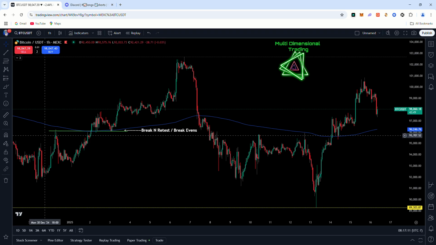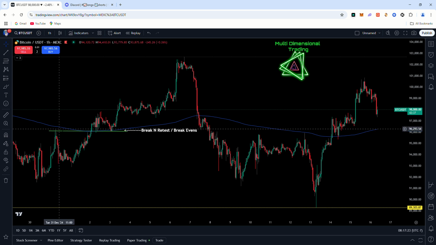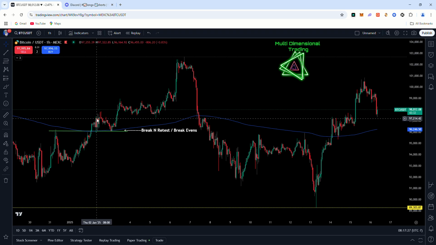And just like any of these traders who went short at this level, when it finally came back down, they were at break even. So what do they have to do to get out of those contracts? If they sold, the only way to get out of your short is to buy the contracts back.